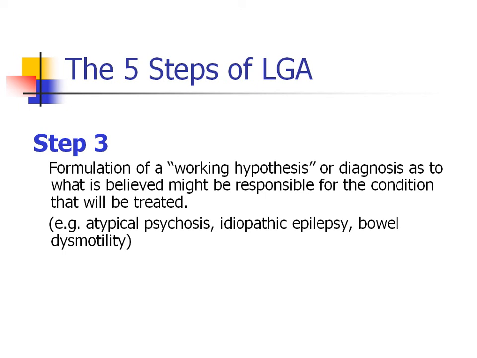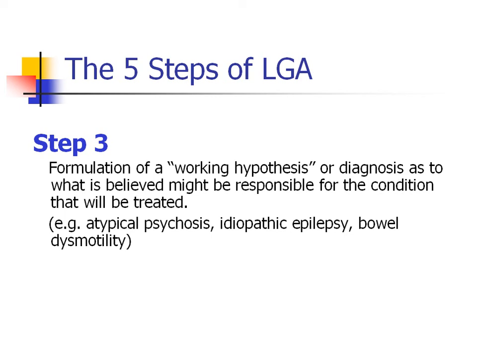In step 3, there's the formulation of a working hypothesis or diagnosis as to what is believed might be responsible for the condition that will be treated. For example, if there is a self-injurious behavior or episodes of impulsive aggression, a diagnosis such as atypical psychosis or bipolar, etc., could be made. Idiopathic epilepsy to explain the seizures.